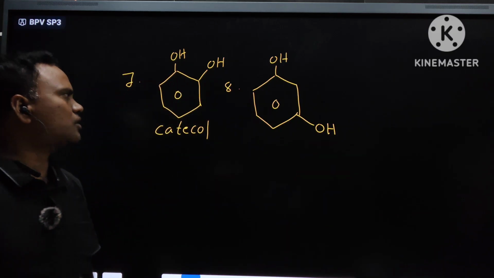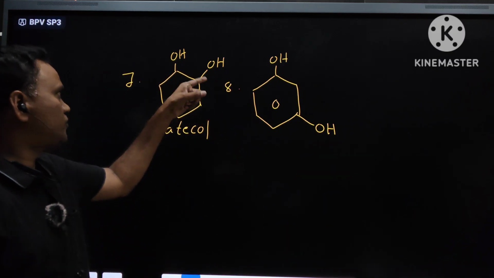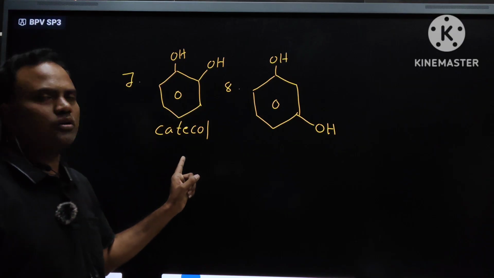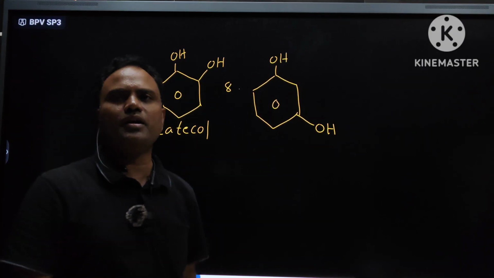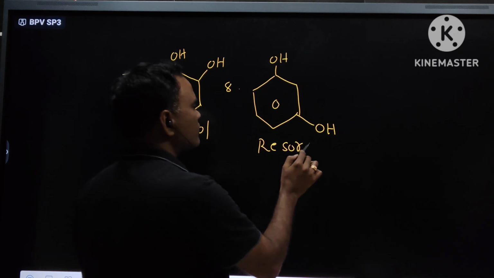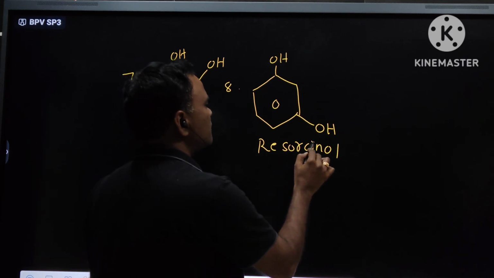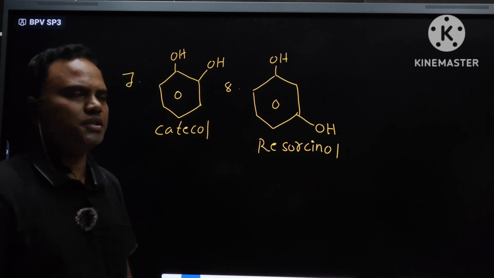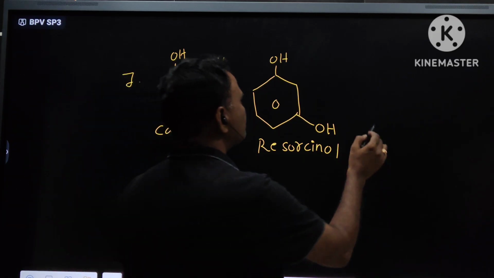If two OH groups are in ortho position, that is catechol. If two OH groups are in meta position, that is resorcinol. You should learn the names, right? Important. Resorcinol.